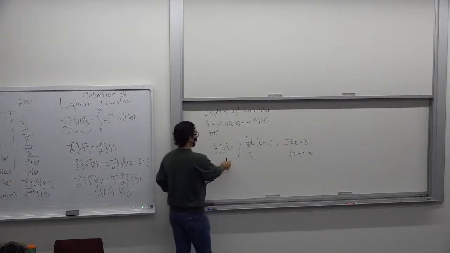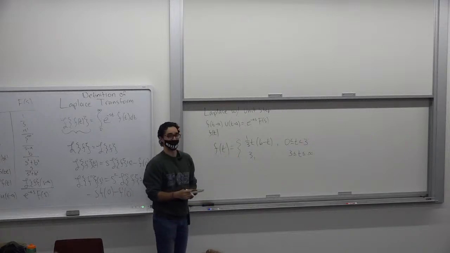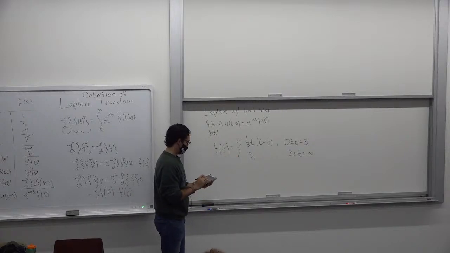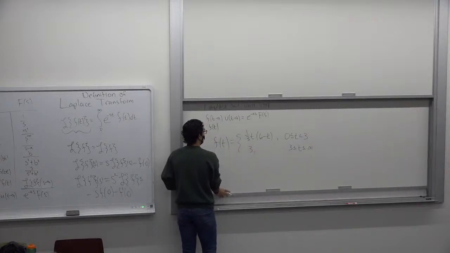So this is the equation that they're giving us, and this is just asking us to find the Laplace transform using unit step. So I'm going to do the same thing that I did in the last problem.